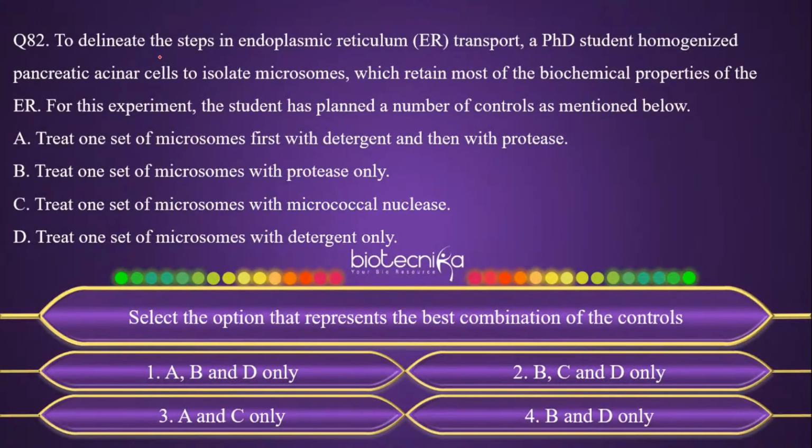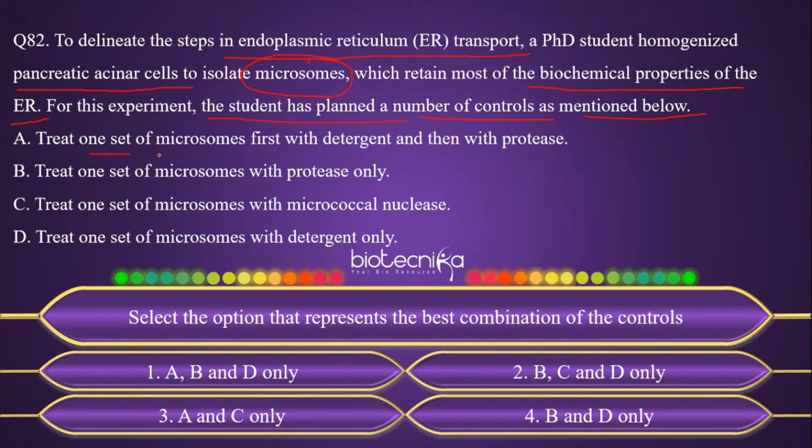To delineate the steps in endoplasmic reticulum transport, a PhD student homogenized pancreatic acinar cells to isolate microsomes. Okay. Now, this retains most of the biochemical properties of the ER. For this experiment, the student has planned a number of controls as mentioned below.